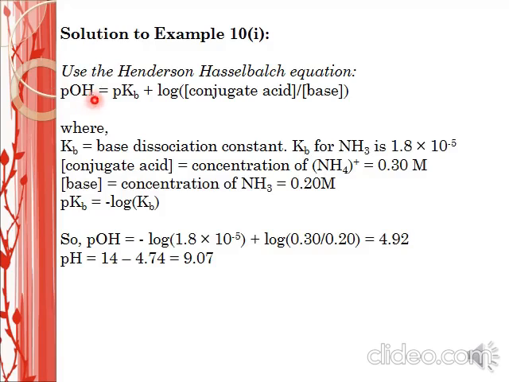When you use Henderson-Hasselbalch, if you use pH, then you use pKa. If you use pOH, then you use pKb. And the ratio goes the other way around, following what is at the front here. So if you are calculating pOH, then the denominator will be base. If you're calculating pH, then the denominator will be acid. So substitute the concentration of both conjugate acid and base. We should get pOH 4.92.